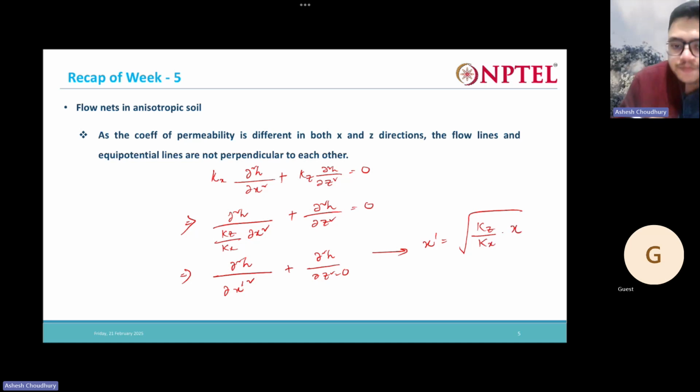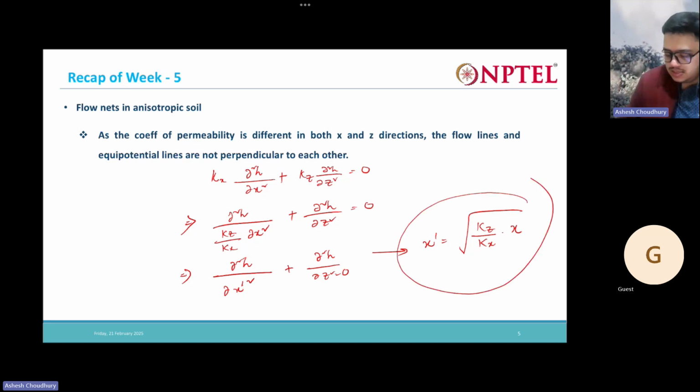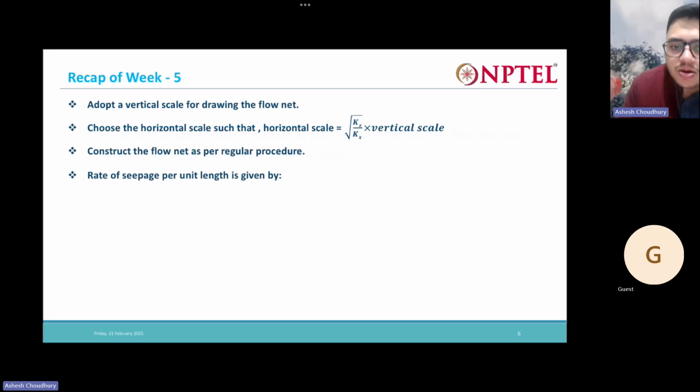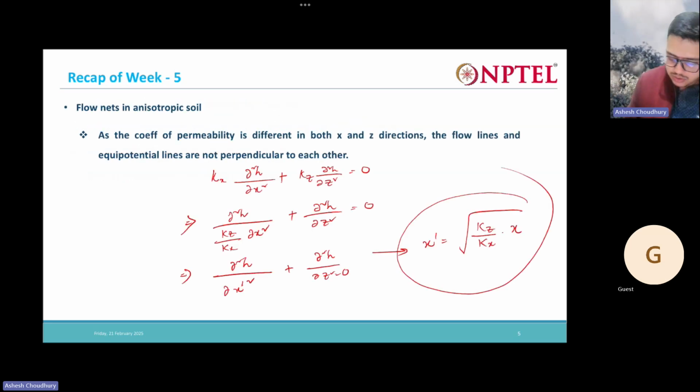So the horizontal coordinate we need to scale by this. Only then will we get square elements and orthogonal flow lines and equipotential lines. So this is how we have to draw.